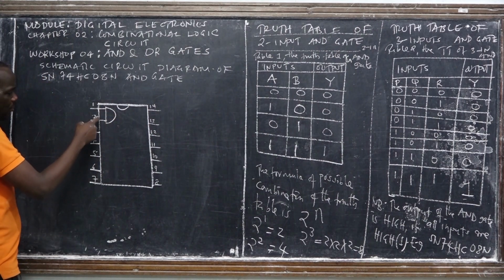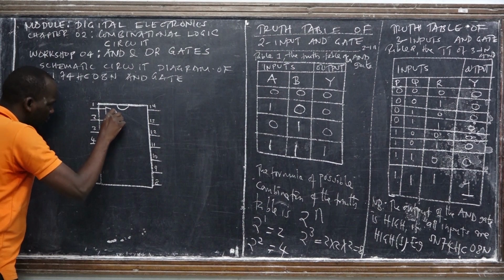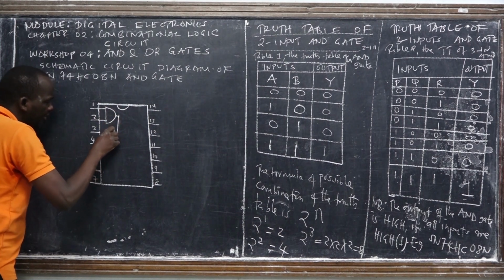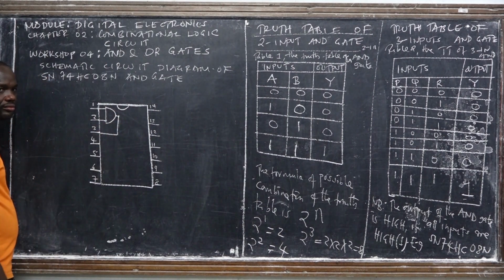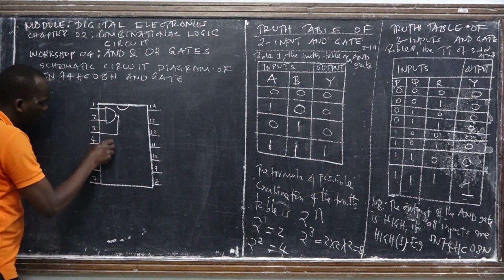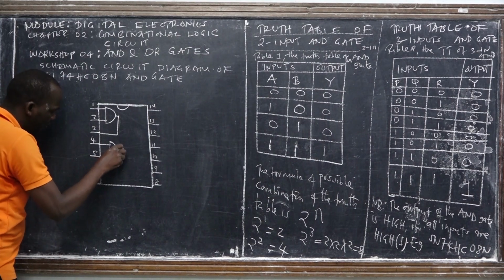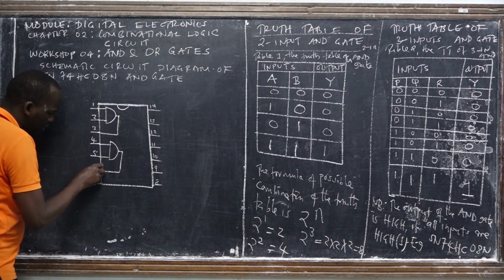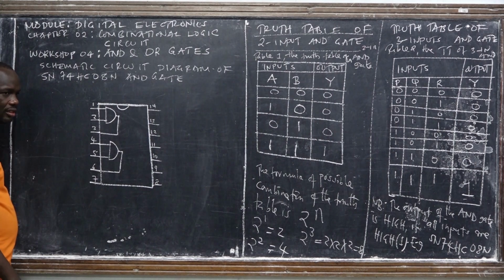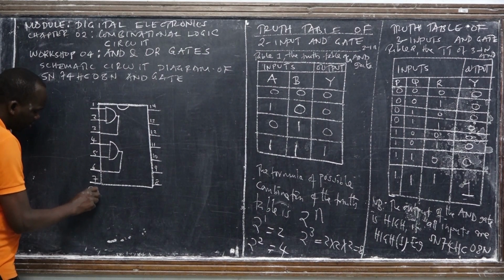So pin number 1 and pin number 2 are the inputs, and then pin number 3 is the output for the first AND gate. Then pin number 4 and pin number 5 are the inputs of the second AND gate, and pin number 6 is the output of the second AND gate. Pin number 7 is ground.